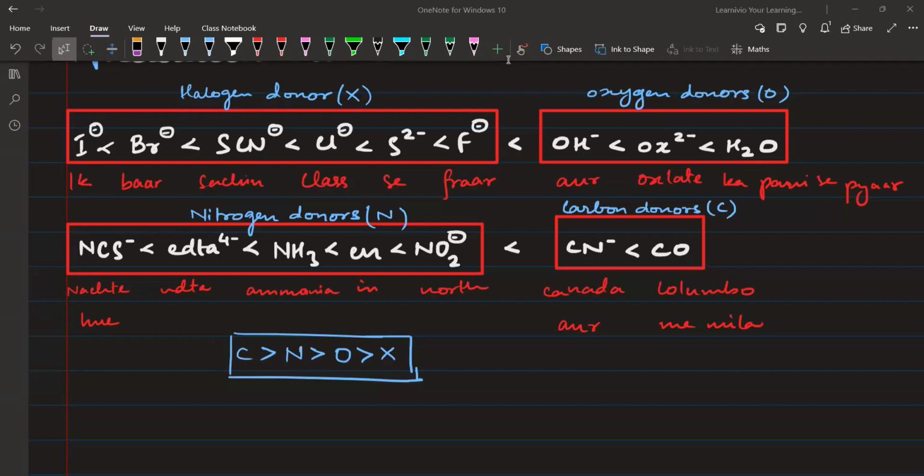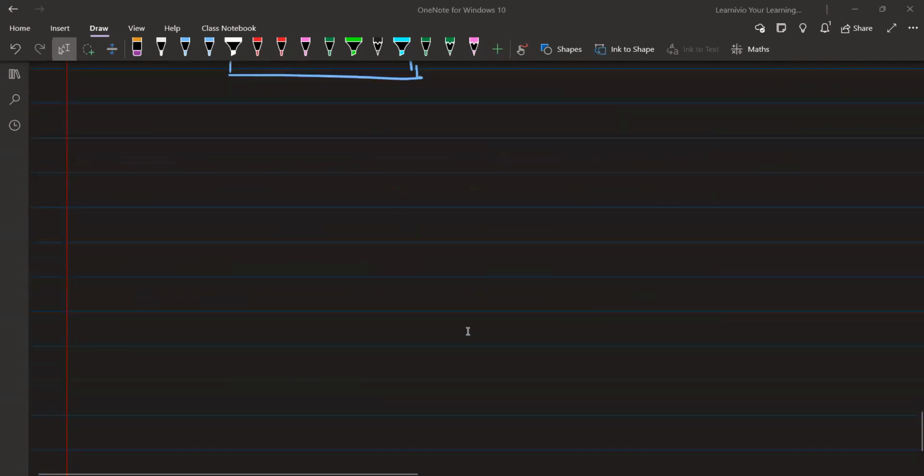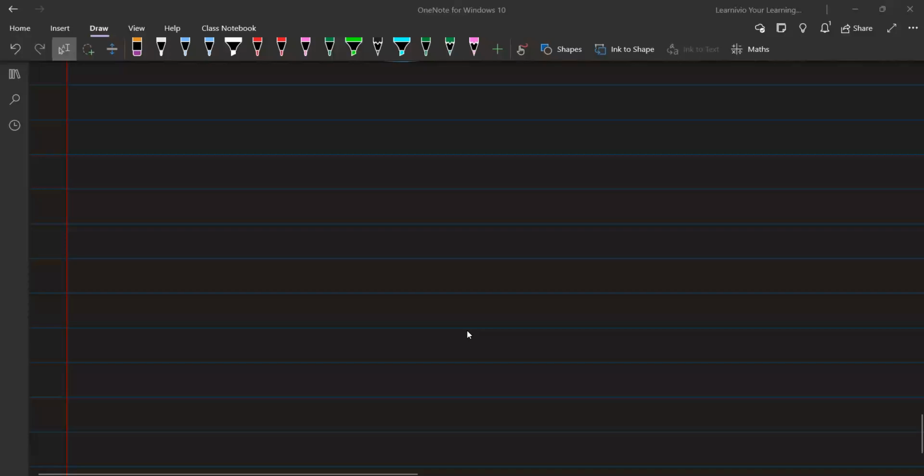Okay. Now, here what happens? We differentiate between the ligands of strong field and weak field. लिगेंड को कैसे डिस्ट्रीब्यूट किया हम लोगों ने? Ligands are distributed in two categories.